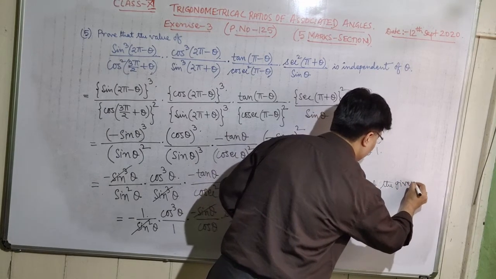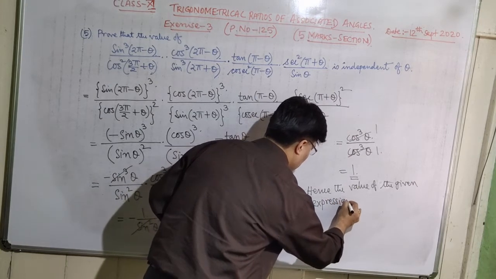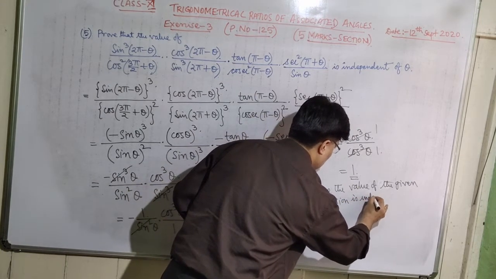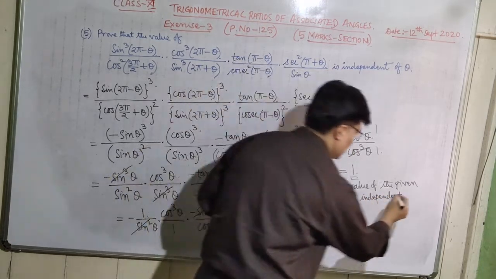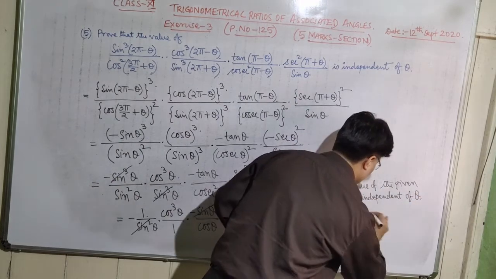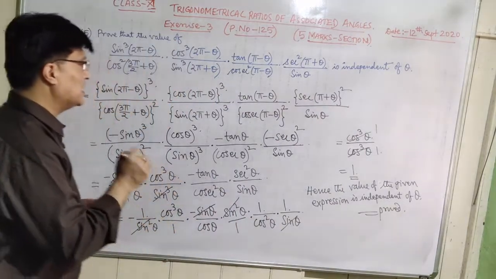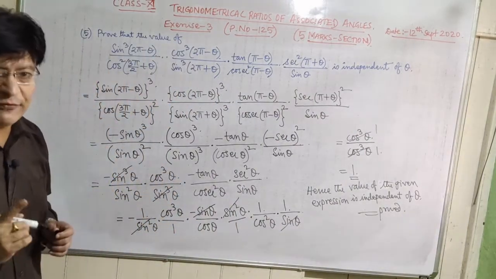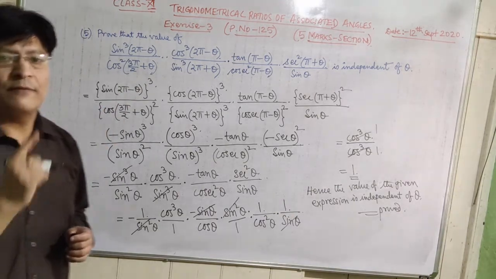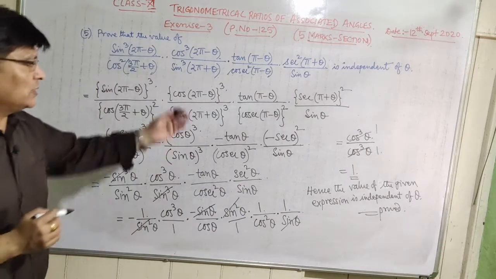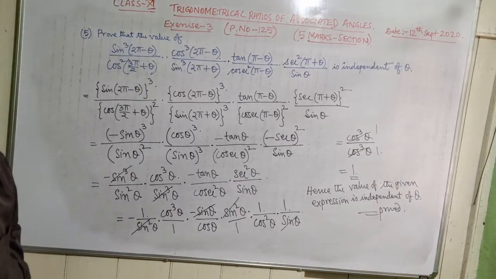Hence the value of the given expression is independent of theta. So it is proved. Hence the value of the given expression is independent of theta, that is, which is free from theta. There is no term containing theta in the value of the given expression. So it is proved. Understood? So you can copy it. Now we'll do the next question.